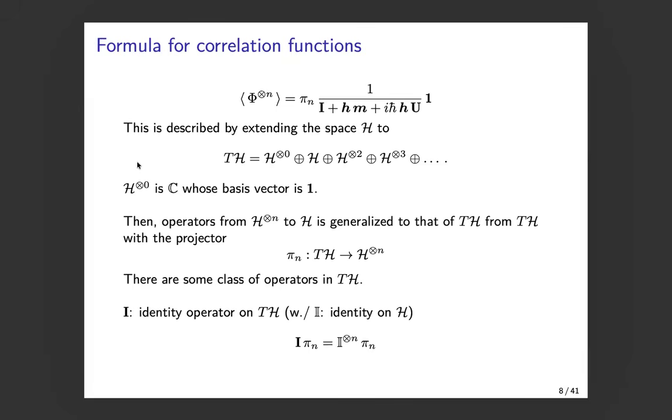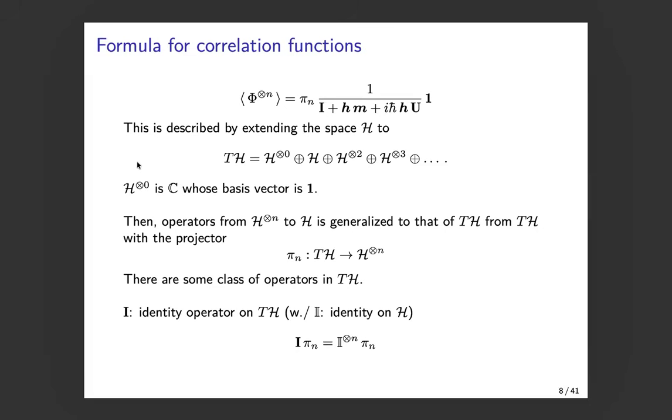And we include H tensor 0, which is equivalent to the complex numbers and whose basis vector is given by 1. In the action, we have operators from H tensor n to H, such as Mn. So we want to generalize this to operators from TH to TH. For this purpose, we introduce the projector pi n, which is the projection from TH to H tensor n.